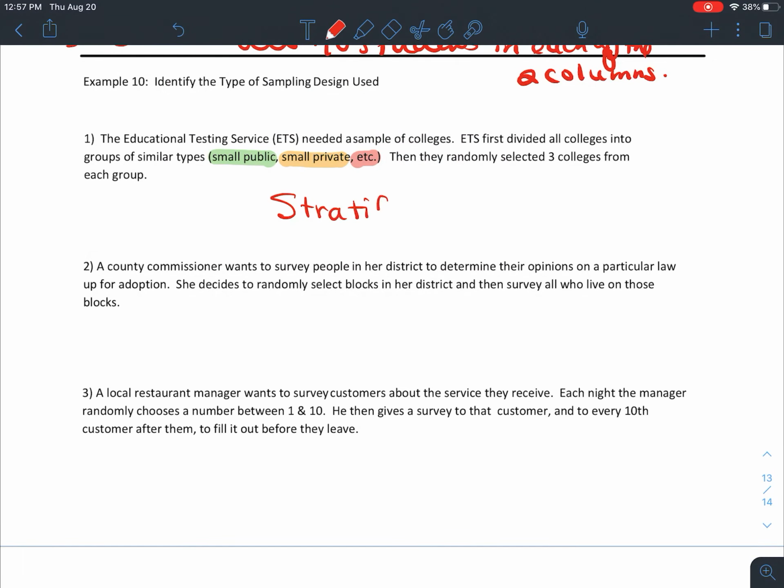This is an example of stratified random sampling. Stratified because the strata, that's each of these groups, are all unique from each other, but within they're all similar. As opposed to number 2, it says a county commissioner wants to survey people in her district to determine their opinions on a particular law up for adoption.